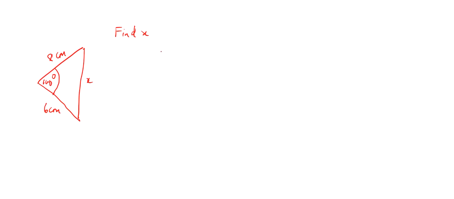So the first thing we do, we set up the cosine rule and we say that a squared is equal to b squared plus c squared minus 2bc cos A. And the a in this case is always the side opposite the angle that we have. So this will be x squared is equal to b.